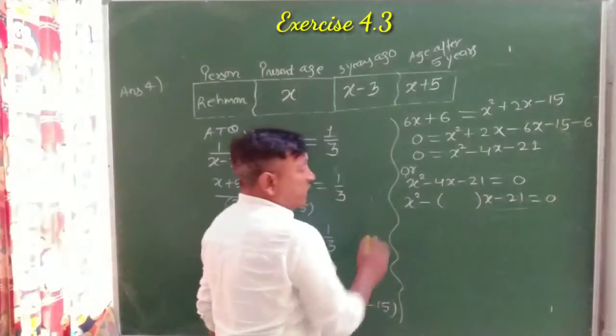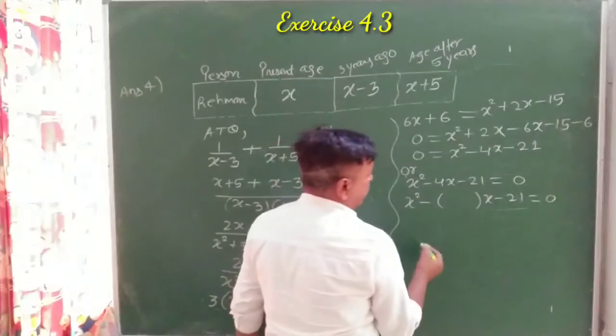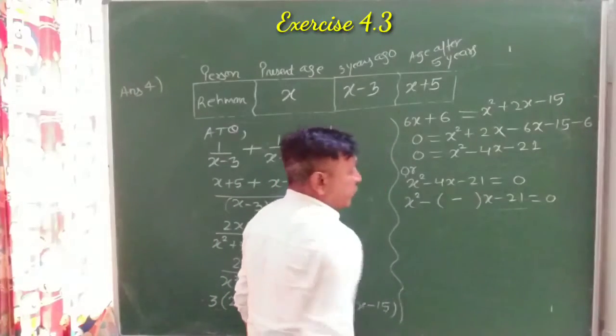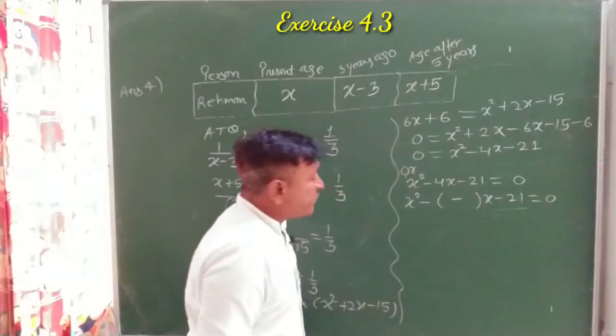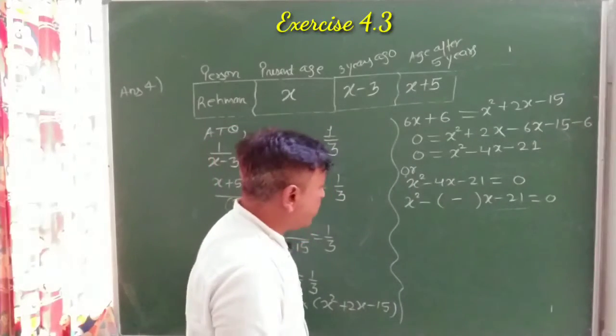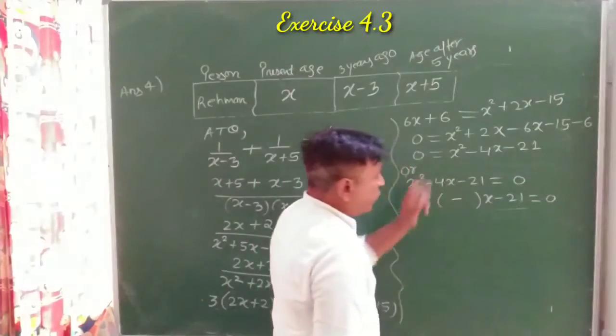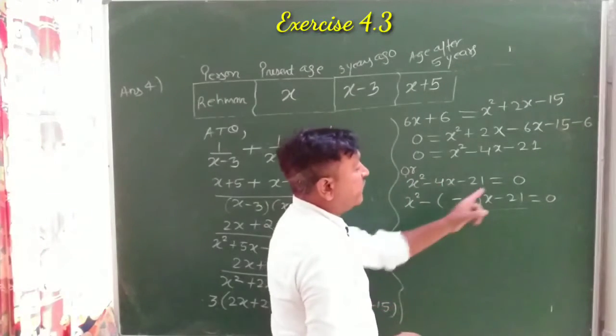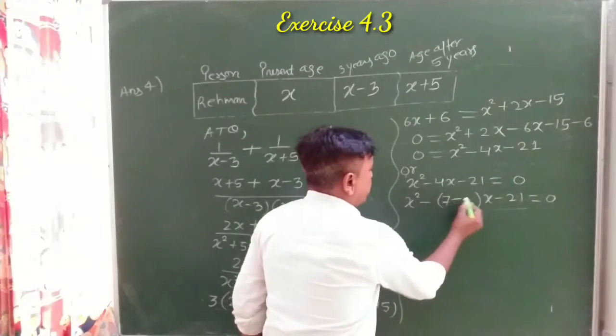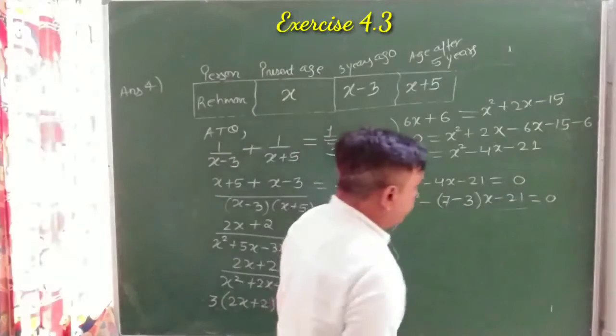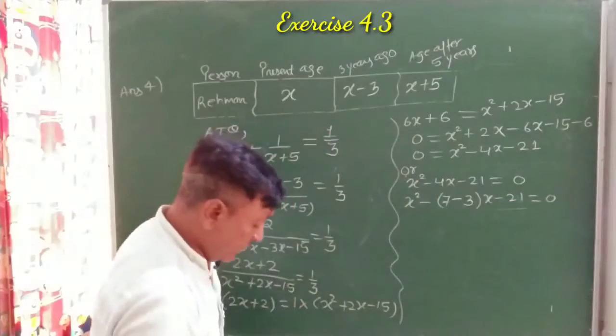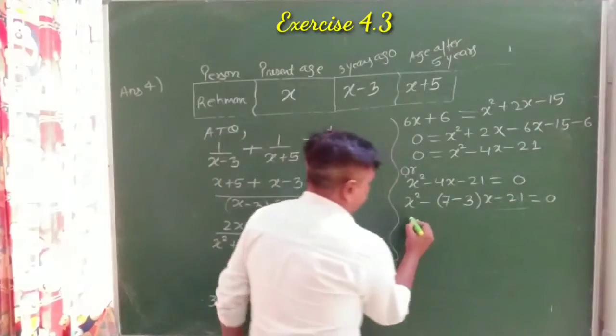Minus 21 into 1 is coming negative 21, which means we will get 4 by subtracting 2 numbers. Those numbers should be such that on subtraction they give 4 and on multiplication they give 21. 7 times 3 is 21, and 7 minus 3 is 4. Okay, so now just solve it.